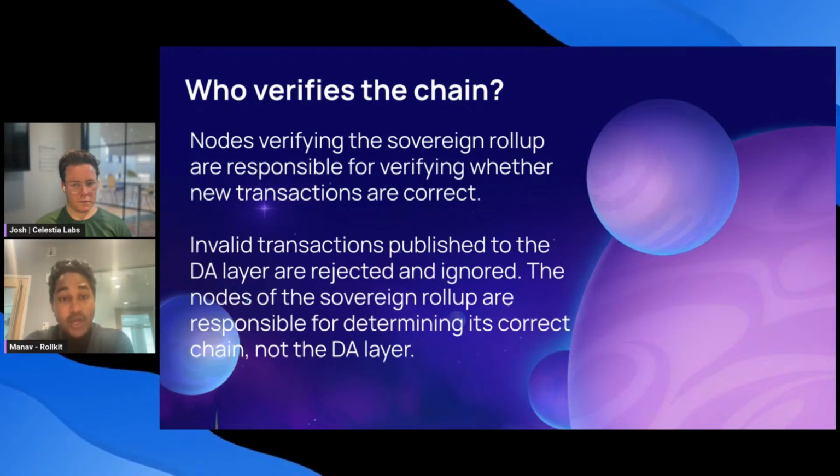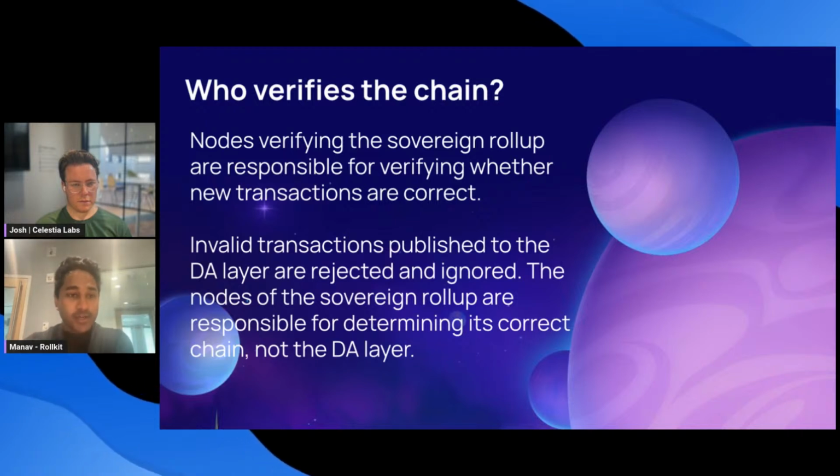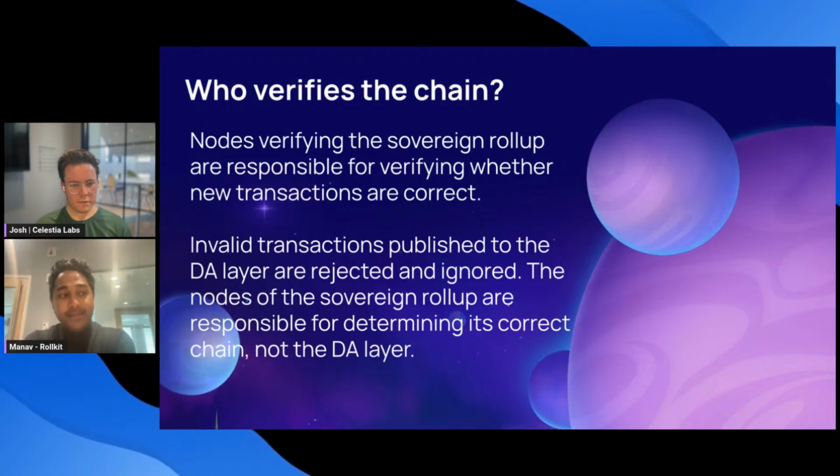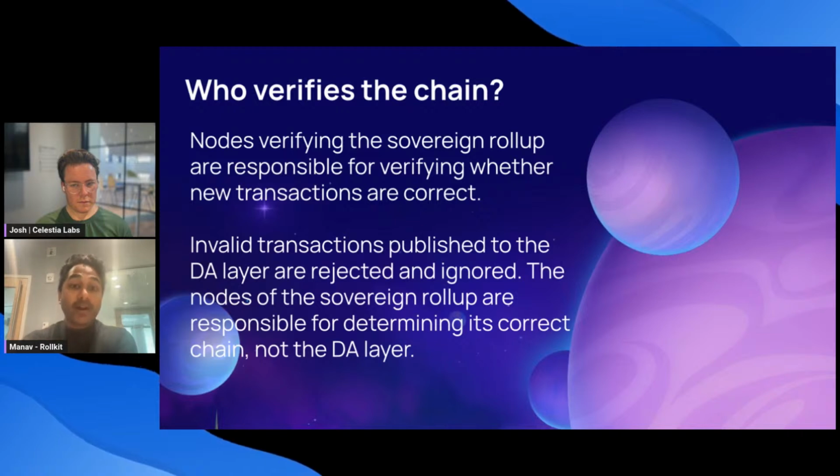The nodes of the sovereign rollup are responsible for determining the correct chain, not the DA layer. Just to contrast again with a smart contract rollup, if you're settling to Ethereum, Ethereum is verifying your rollup.